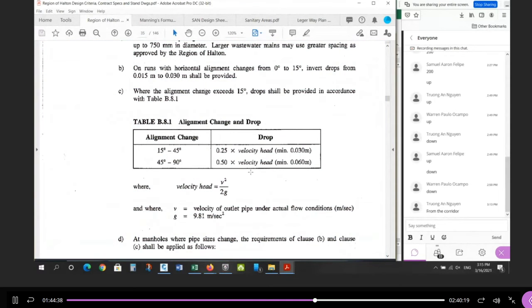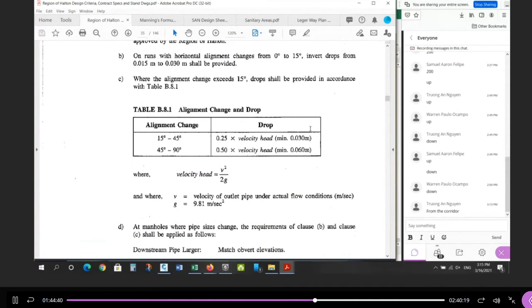The numbers I gave you last semester are actually much more conservative than the values you see here. They want you to calculate all this stuff. Did you calculate velocity head and head loss through a maintenance hole? Did you do all this last semester? Did you actually calculate the drops? Did you do that with Professor Marizzi last year?